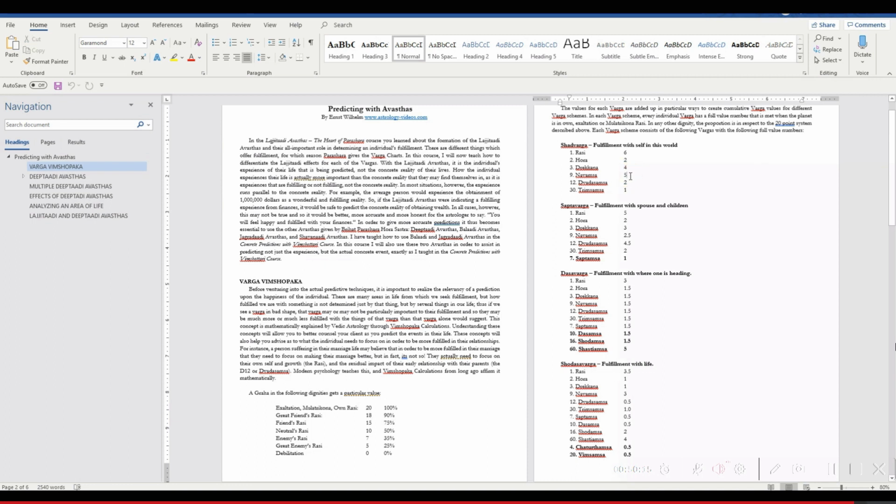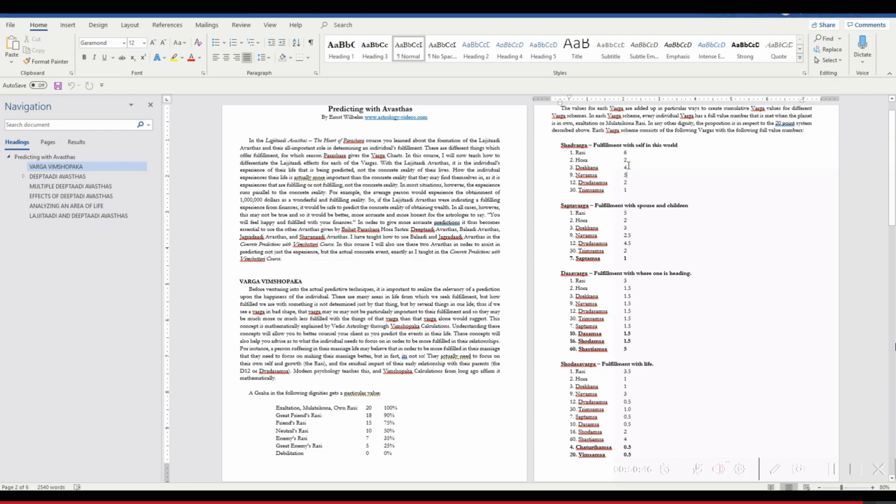So if the person has no strength in the Trimsamsha, no strength in the Navamsha, no strength in the Rashi, if it's not getting any Vimshopaka strength there, then that planet's going to be so weak in Vimshopaka in the Trimsamsha that, yeah, their body's not doing good. They're not really doing good with themselves, the Rashi, and they aren't really focused on a career. They don't feel any purpose in life, any meaning to it all. The Navamsha is bad. So yeah, the body takes over and they might actually just die.